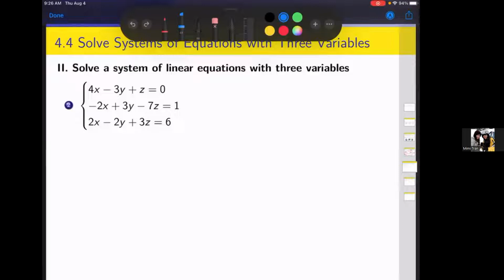Yeah, I like to pick something that is opposite. You can pick either X, Y, or Z. But if it's opposite, it's just easier. I wouldn't pick Z because the numbers are weird. 1, 7, 3, they have no common factor.